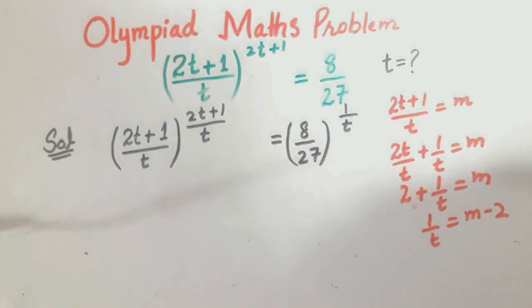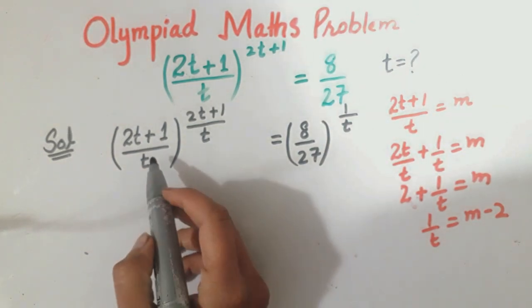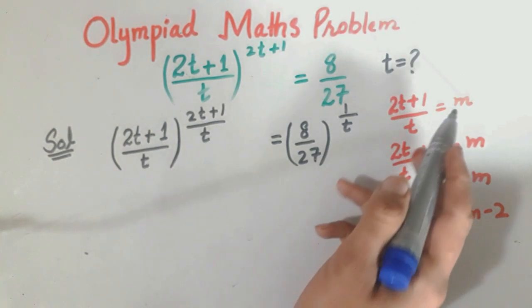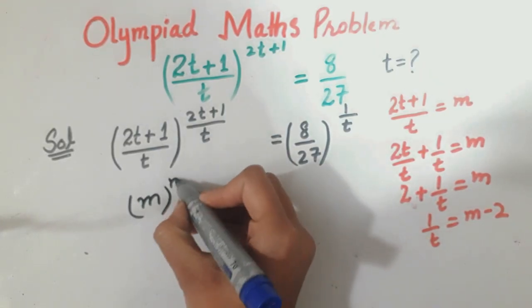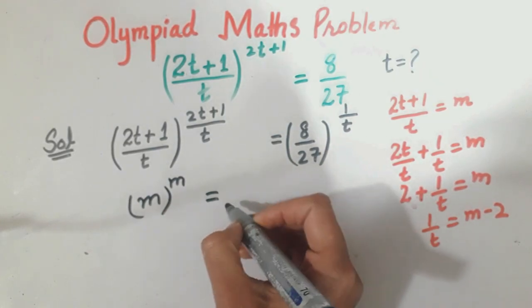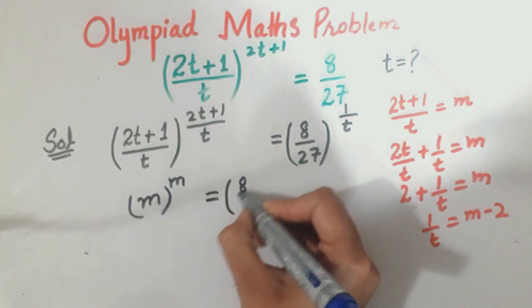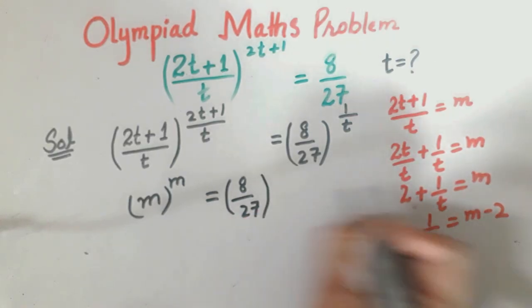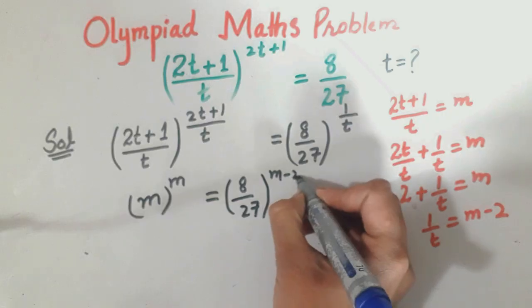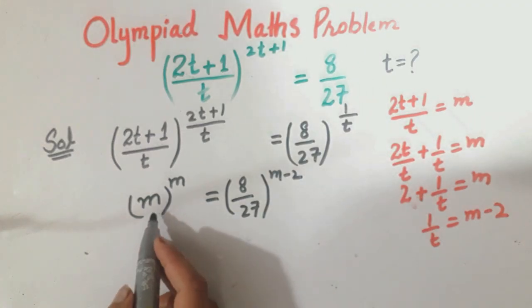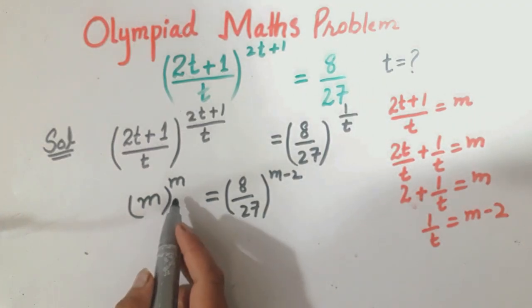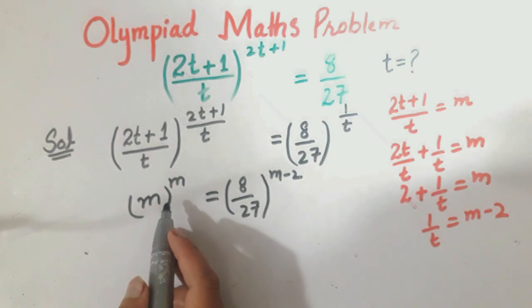We will make this supposition here: (2t+1)/t equals m. So we get m to the power m on the left-hand side, and on the right-hand side we write 8/27 to the power 1/t, which equals m - 2. Now in the next step we will solve this, as we have base and power both the same.